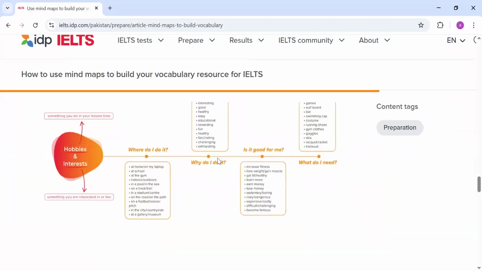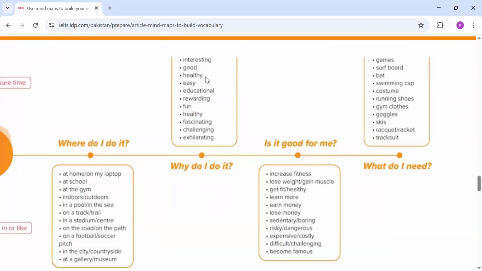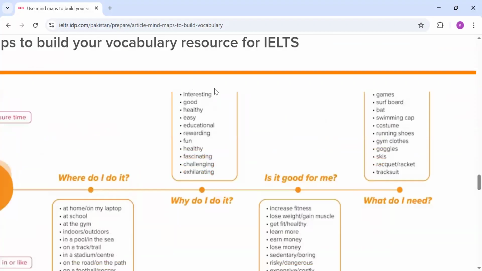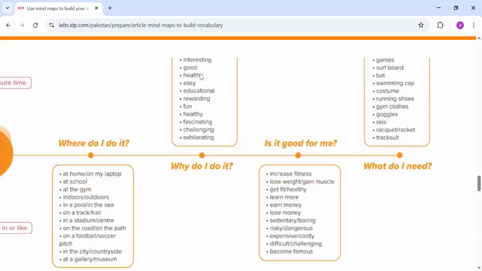If you're performing some hobbies, some people find them interesting, some people want to enjoy the time, some people do it for educational purposes, some want to make themselves healthy. So there are different reasons people adopt these things. Is it good for me?